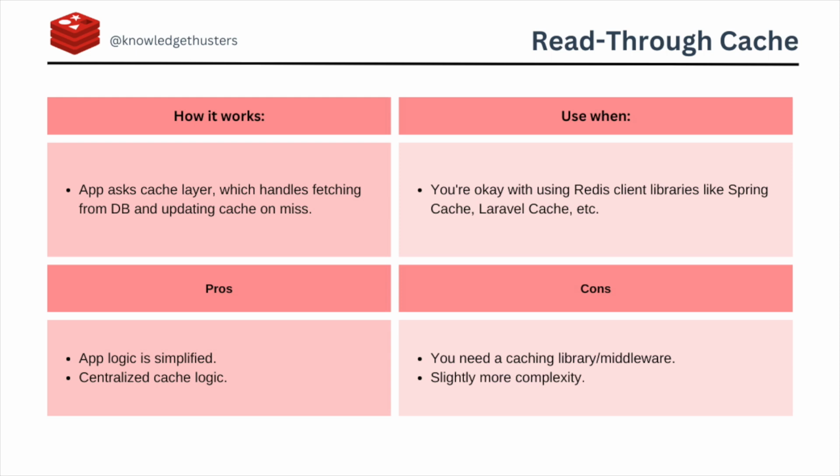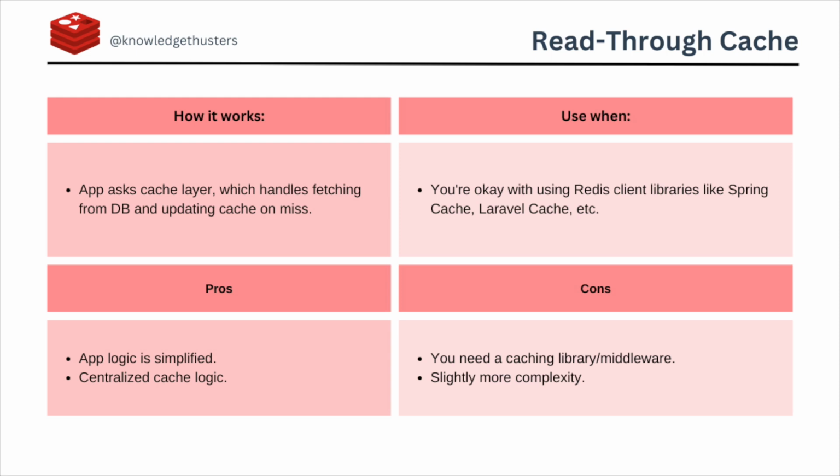The next strategy is read-through cache. How it works: the app only asks the cache layer, which handles fetching from the DB and updating the cache. If the data is not there, the cache system itself fetches it from the DB, stores it and returns it. So there is a difference between cache aside and read through.